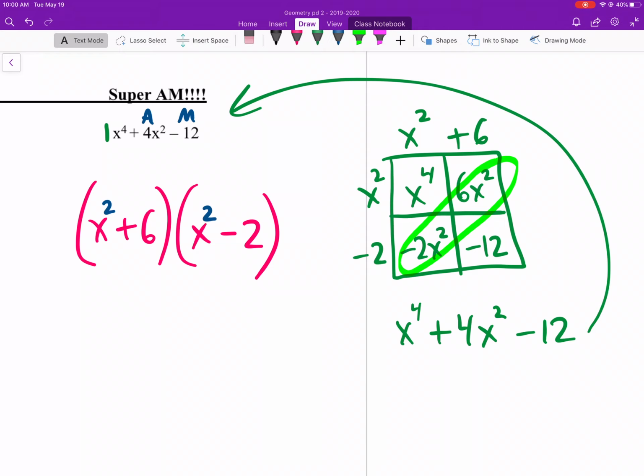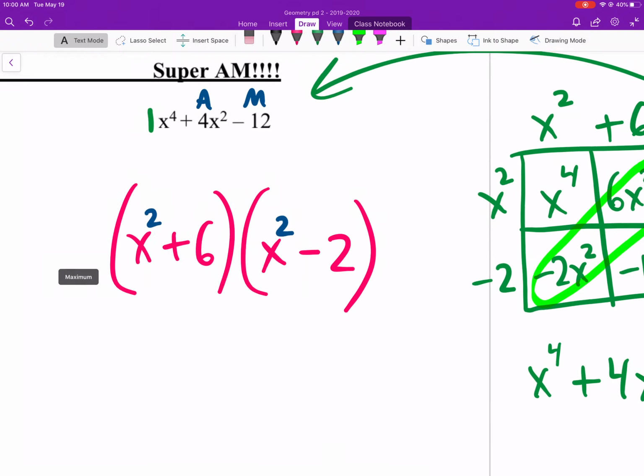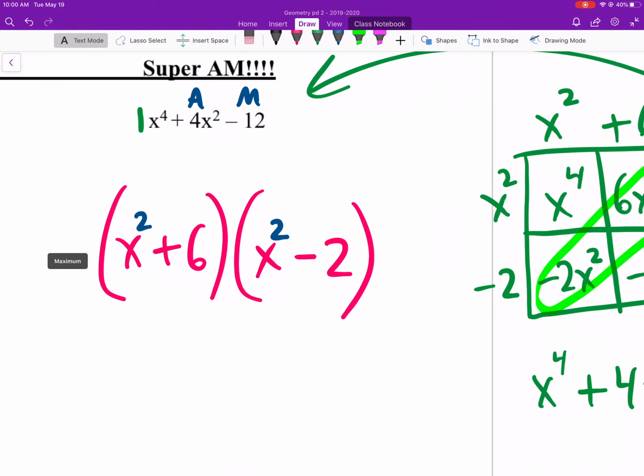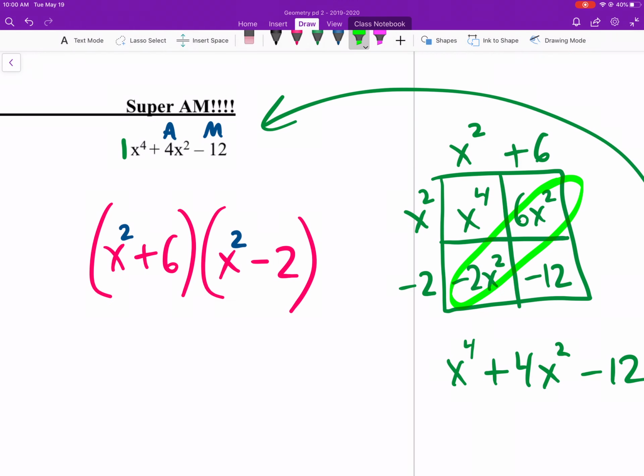Now, when these exponents go in a 2-to-1 ratio, that's sort of the mathy way to think about it. What times what is going to give me x to the 4th? Anytime we're working with these exponents in a 2-to-1 ratio, like it goes from 4 to 2, and you're working with AM, those exponents are going to be 2.